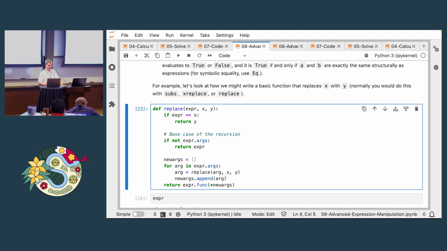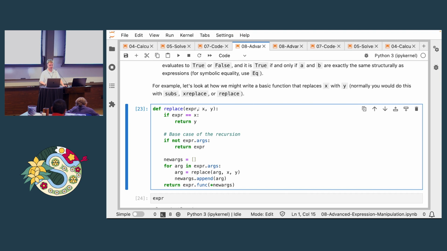So basically, most algorithms that you would write with this are going to end up being recursive algorithms. You can see here, replace is called recursively. The base case of the recursion here is going to be, well, both of these blocks are going to be the base case.